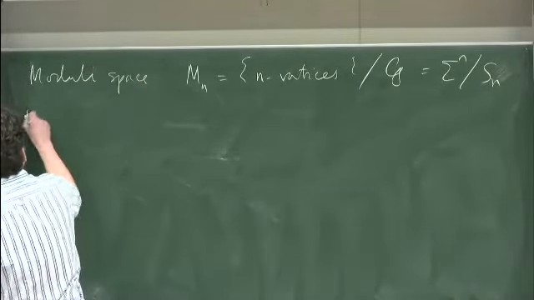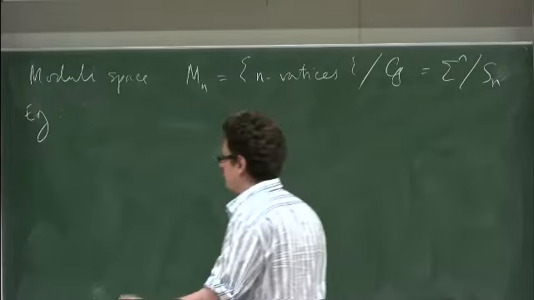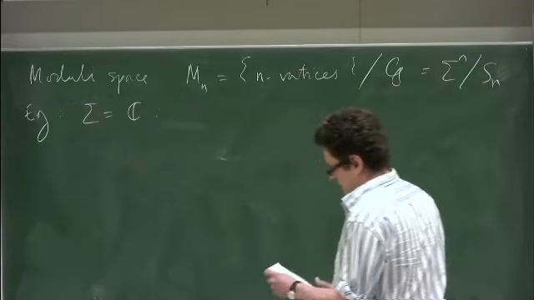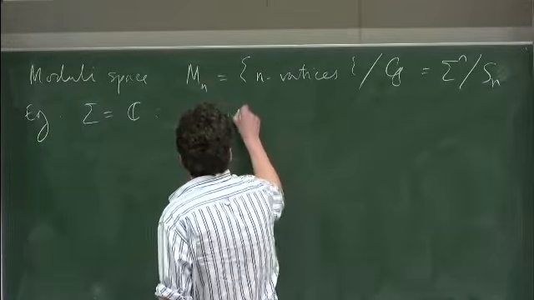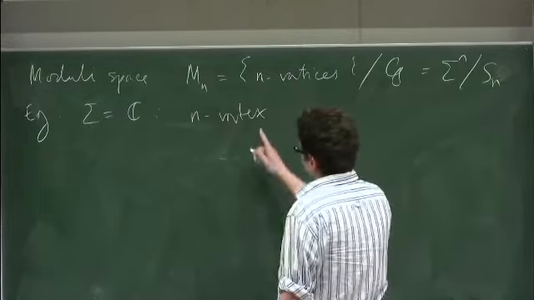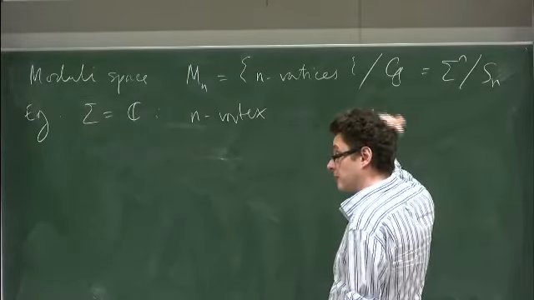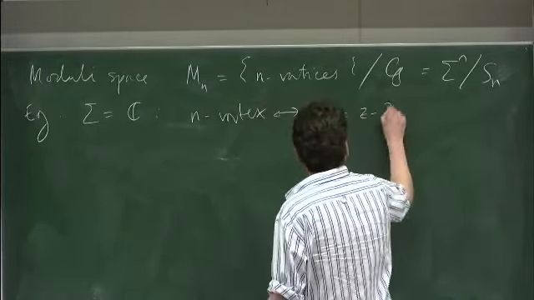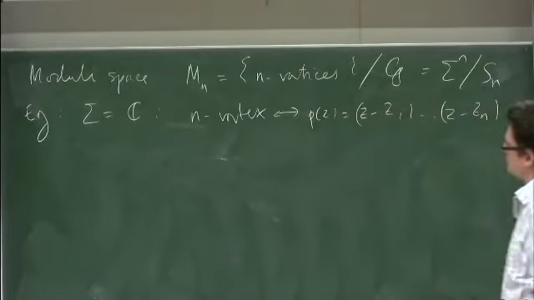Let's have a couple of examples to keep in mind. The physically most interesting situation is where the domain is the complex plane. Then we can identify an n vortex, which is uniquely specified by an unordered list of n points in the complex plane, with a unique monic polynomial whose zeros are those n points.